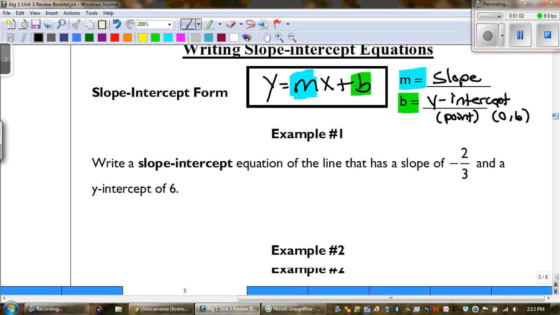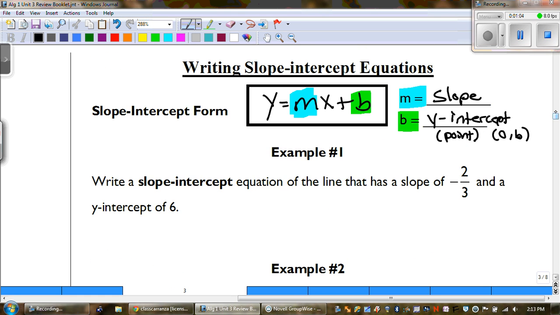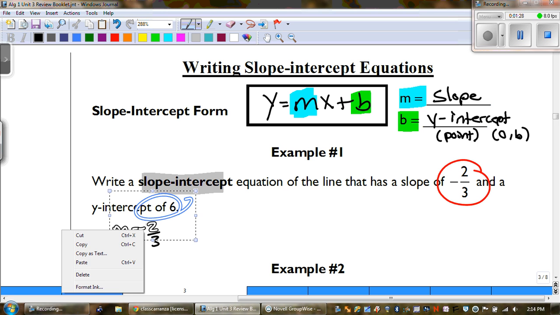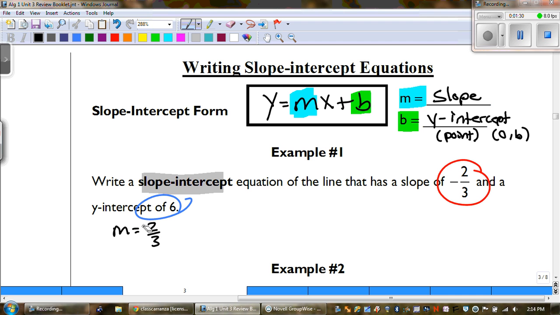Okay? So, for example number 1, where it says write a slope-intercept equation, reading the directions, slope-intercept, we wanted in y equals mx plus b, of a line that has a slope of negative 2/3 and a y-intercept of 6. So what I like to do on the side is just to reinforce what they are.